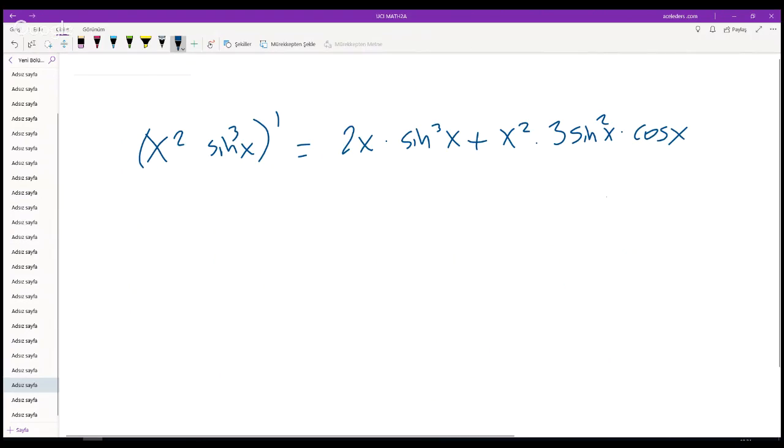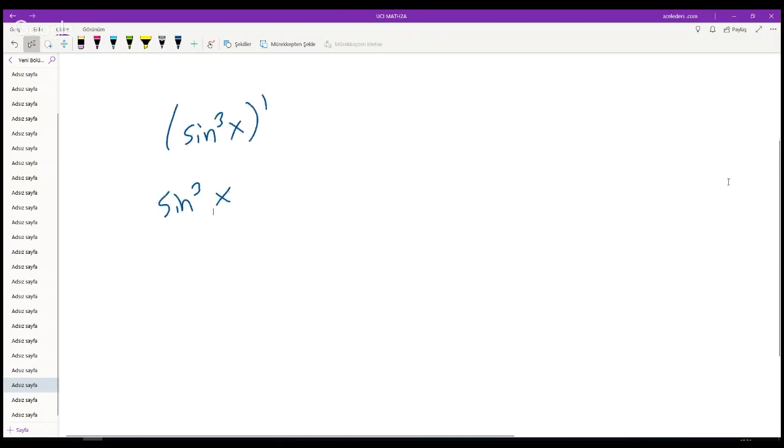Why did we have to use the chain rule for the second term? Because when you take the derivative of sine cubed x, you need to use the chain rule. Think that you want to take the derivative of sine cubed x with respect to x, but you need to create an intermediate step, which is sine x.